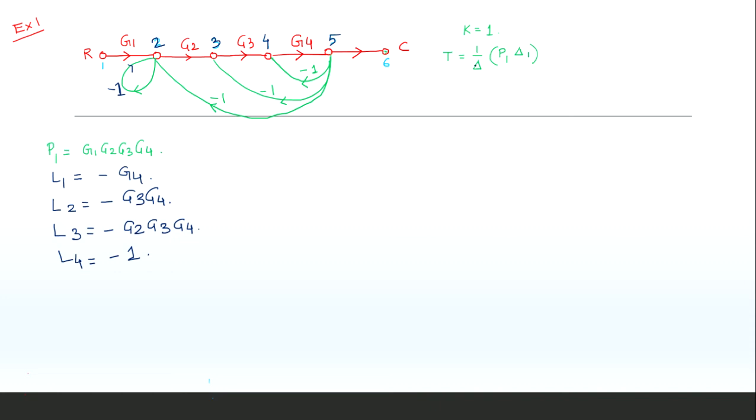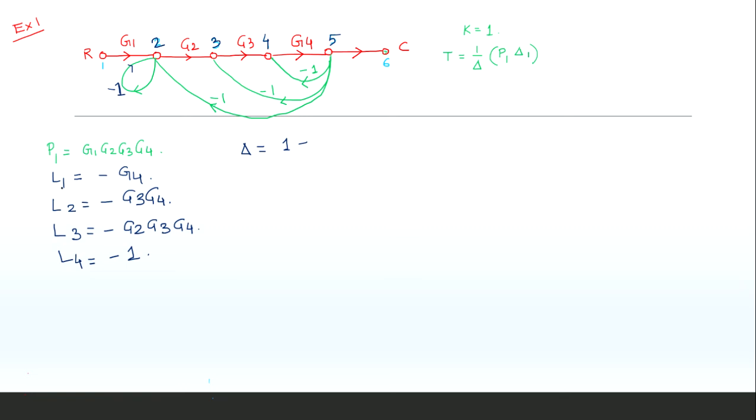Now we want to write the formula of Mason's gain. So first I have to find delta. What is delta? Delta means 1 minus the sum of gain products of all possible individual loops.